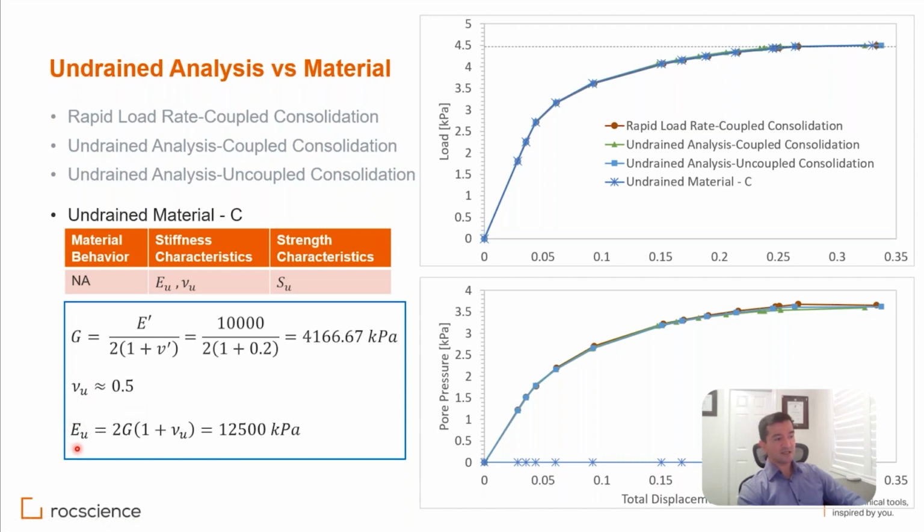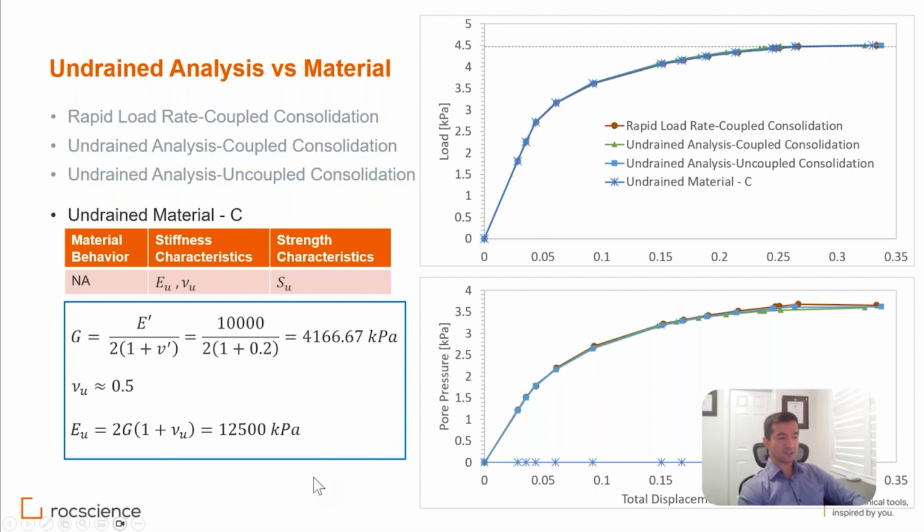Based on that, the elastic modulus for the undrained case is going to be 12,500 compared to 10,000 for drained. Now, looking at the results, again, the load displacement is exactly the same as before, but because we are dealing with the total stress condition, we don't have any generation of excess pore water pressure. This is all included in the type of total analysis that we are considering for the material.